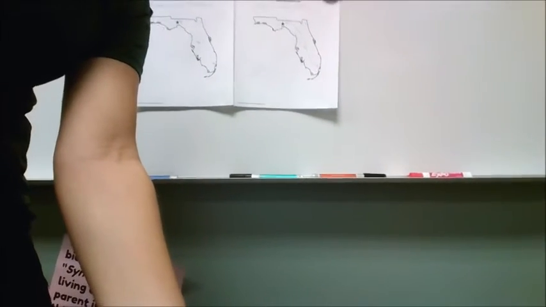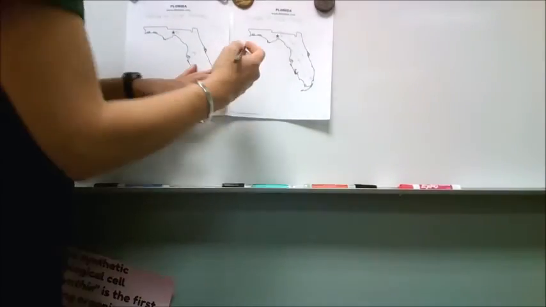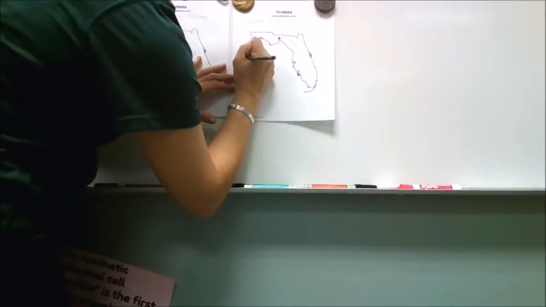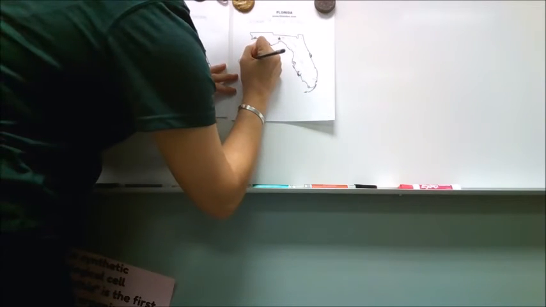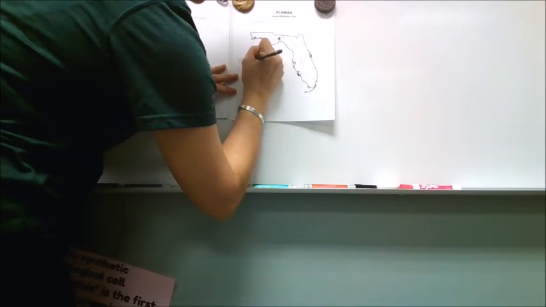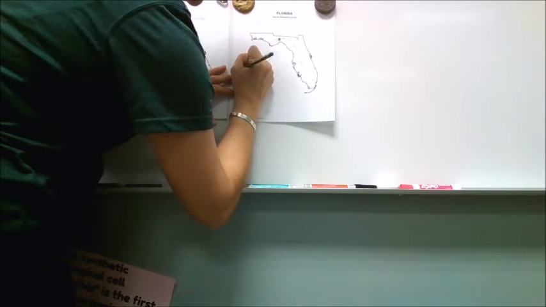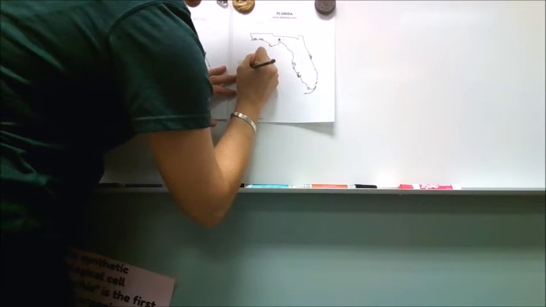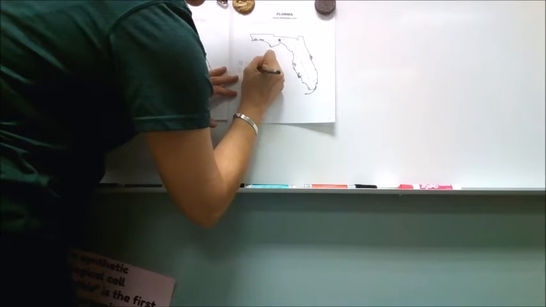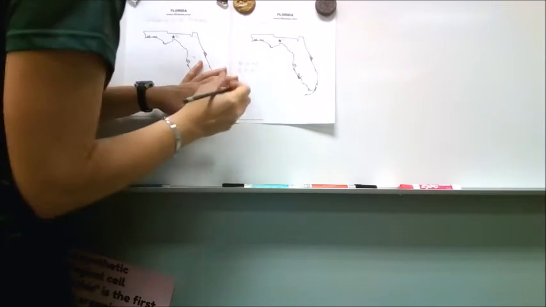You would probably want to use some colored pencils or something and make a nice little key over here that says, if you have this color, then it's going to be 25 to 29 degrees Celsius. If it's this color, dots, then it's going to be 30 to 35 degrees Celsius.